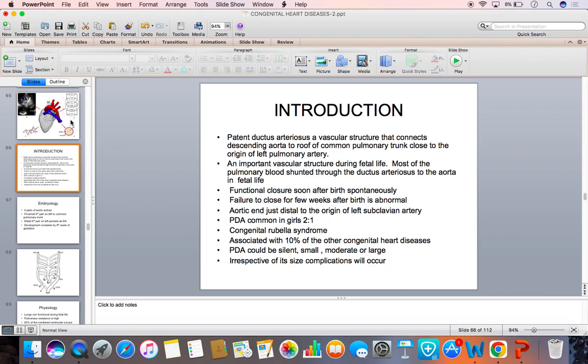It could be small when it is silent. It could be moderate or large. Irrespective of its size, complications do occur. So, early diagnosis and the intervention to close are very important to avoid the morbidity and mortality.